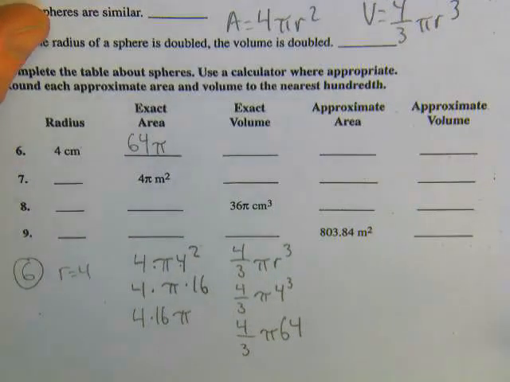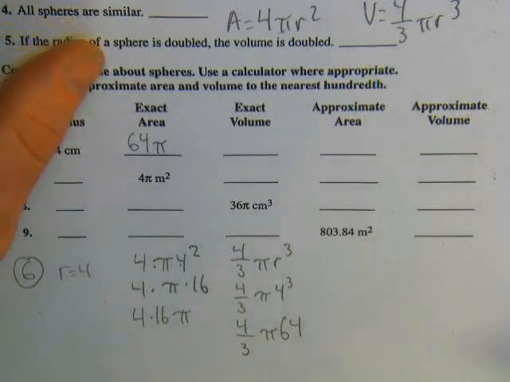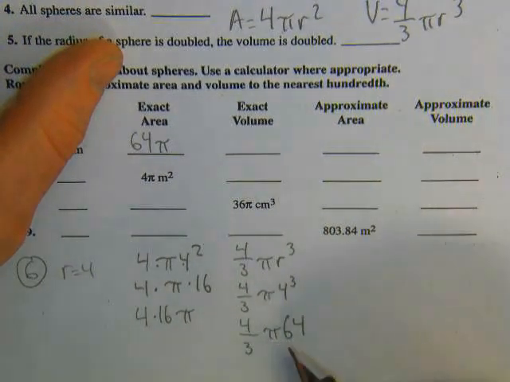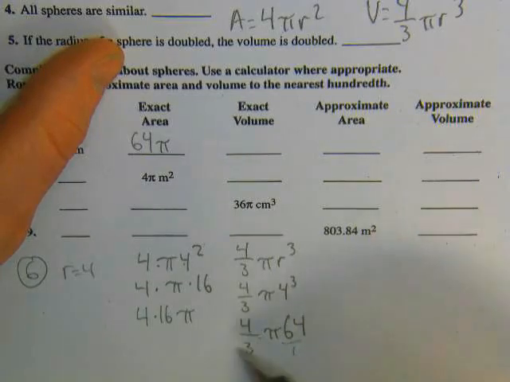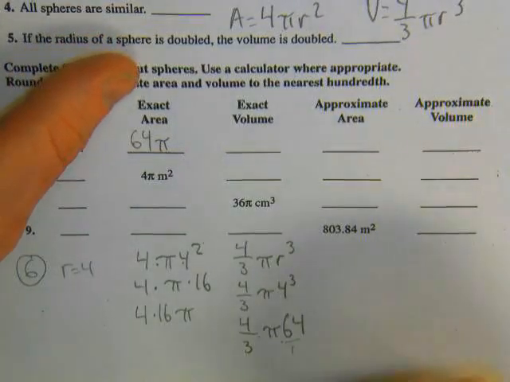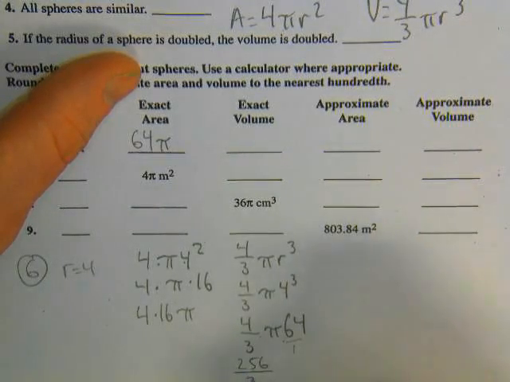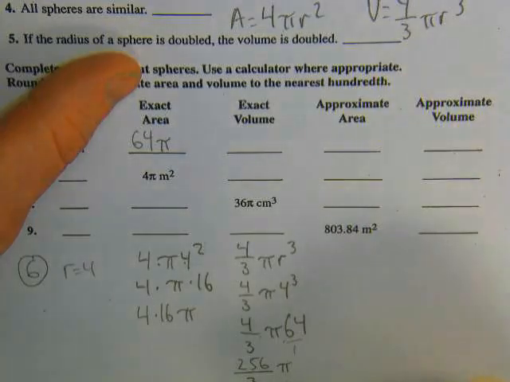Use your machine if you're struggling with that. And then I am going to move this over here, and this is like over 1, so I just multiply the tops together, and 4 times 64 is 256 over 3, and the pi is still there.